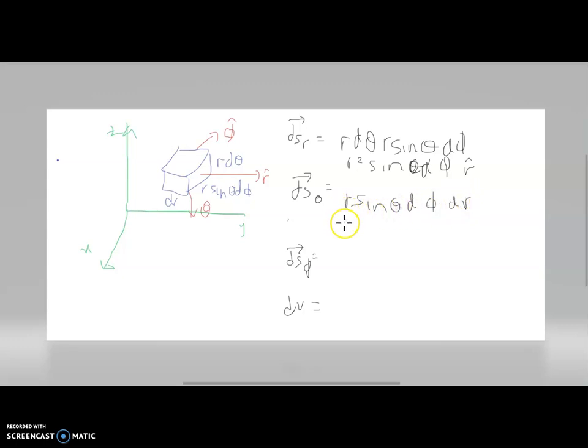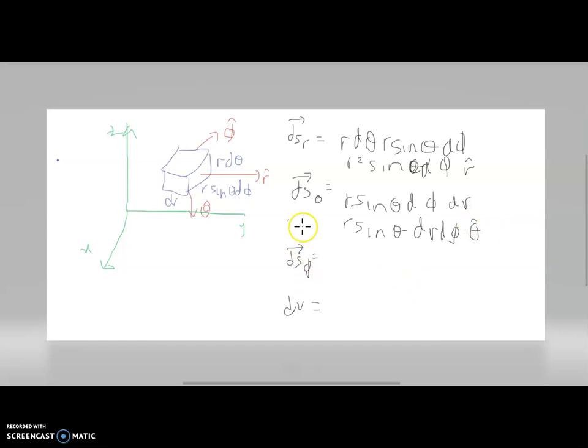Rearranging, you will have r sine theta dr d phi. Remember, it's in the theta direction, so you have the theta unit vector.